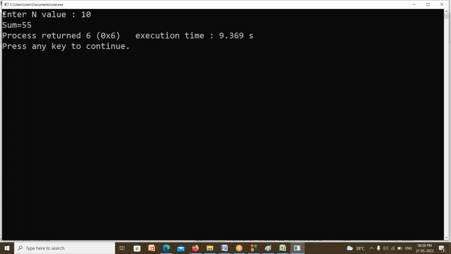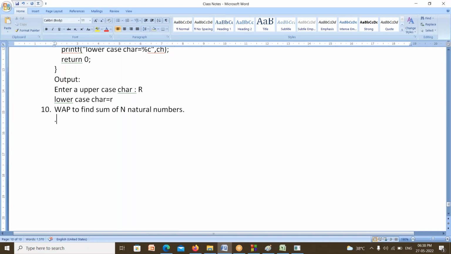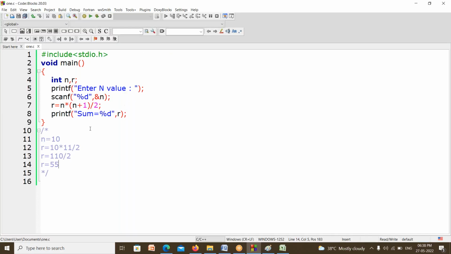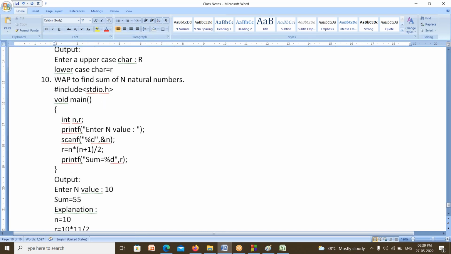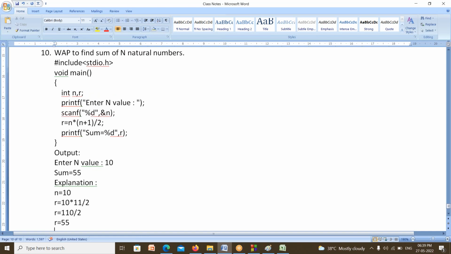See this, sum equal to 55. In this way, we have to find the solution for this problem, the sum of n natural numbers. This is the logic. It is a predefined formula. It is the explanation. Right?